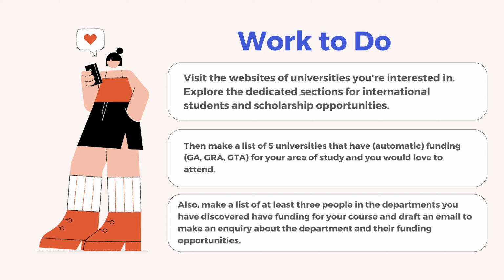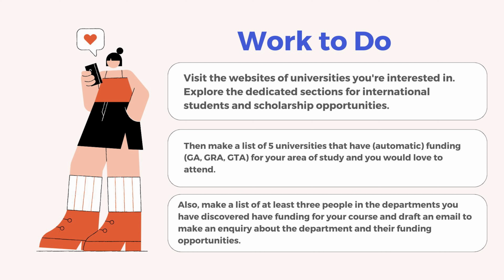Like I demonstrated to you in one of the videos, if you are able to locate a statement by the university that says that we fund international students and we provide graduate teaching assistantships, graduate research assistantships, and GA-ships. If they say that, if you can find that on their website, then that is a good score that you may want to look into.